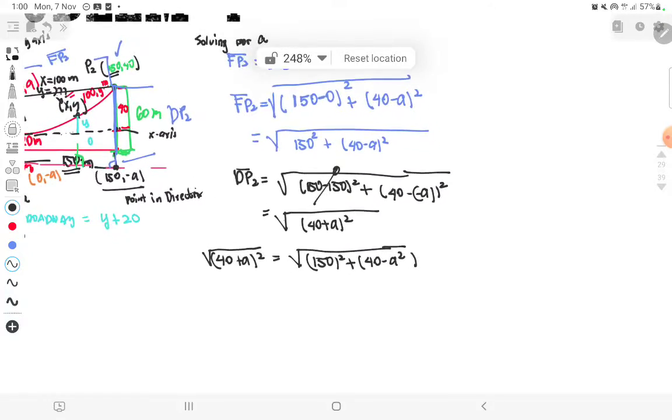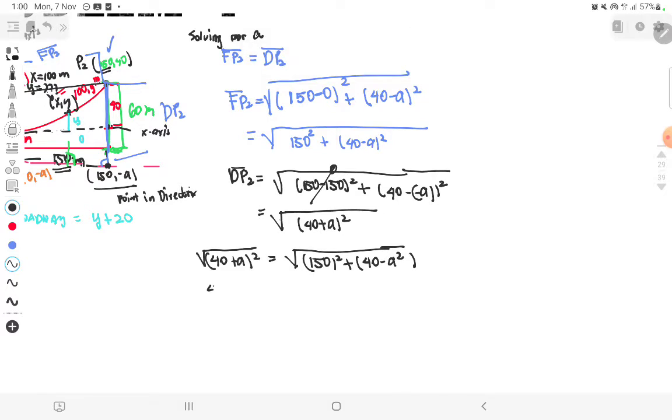We'll have 40 squared plus 80a plus a squared. Take note that if I square both sides, the square root will be removed.